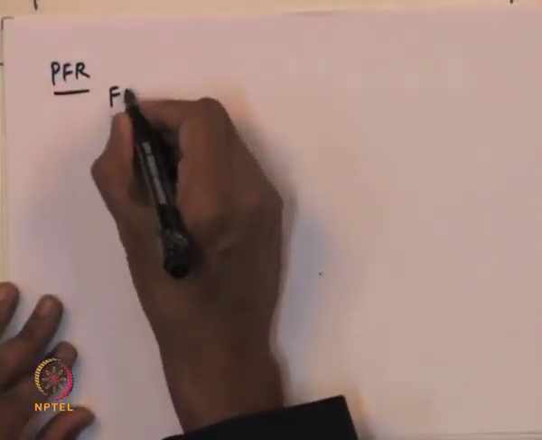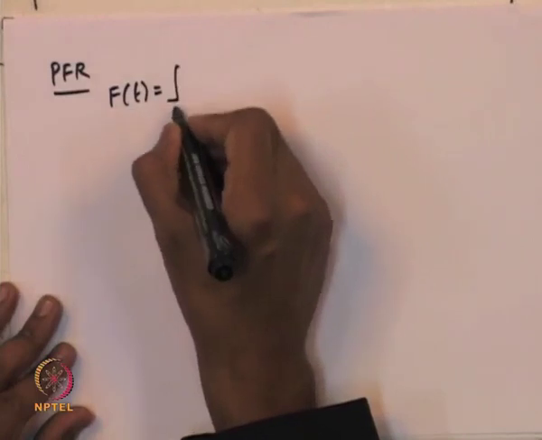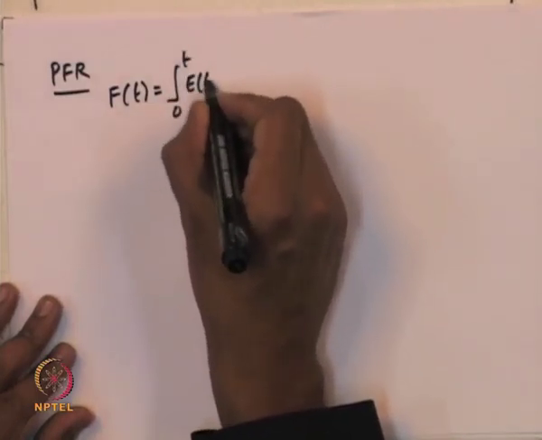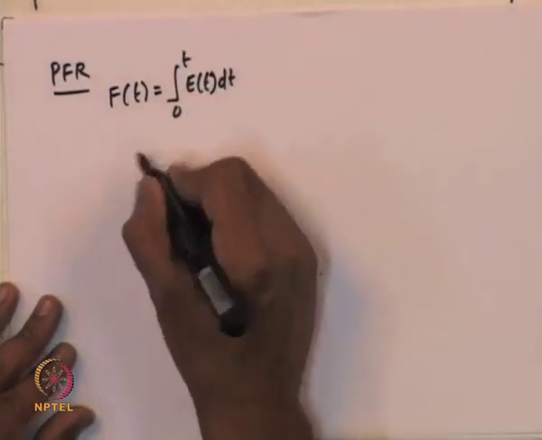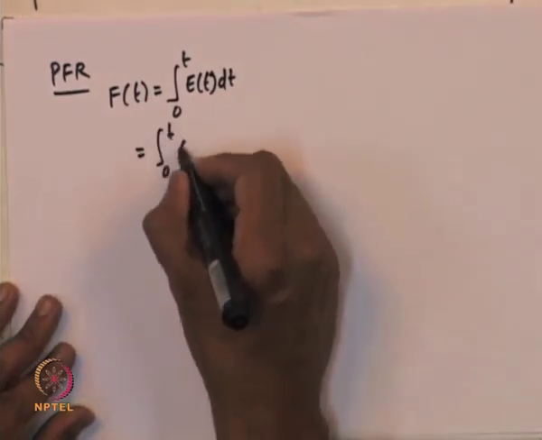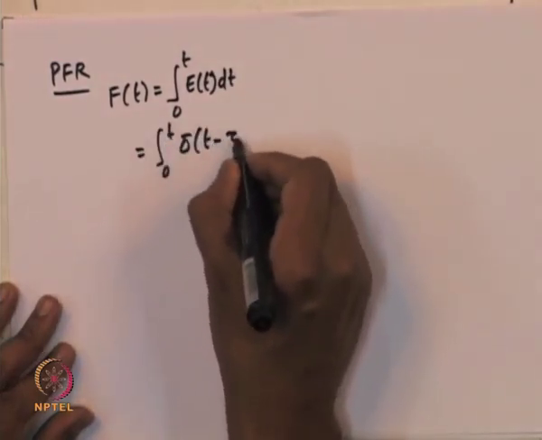So, let us look at the F curve for the plug flow reactor. For a plug flow reactor, the F curve, F of t, is by definition given by the integral from 0 to t of E of t dt, which is equal to the integral from 0 to t of delta of t minus tau dt.